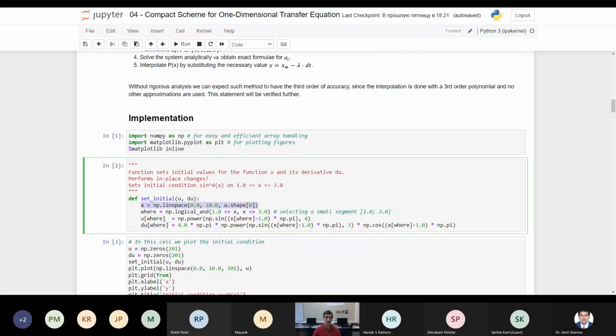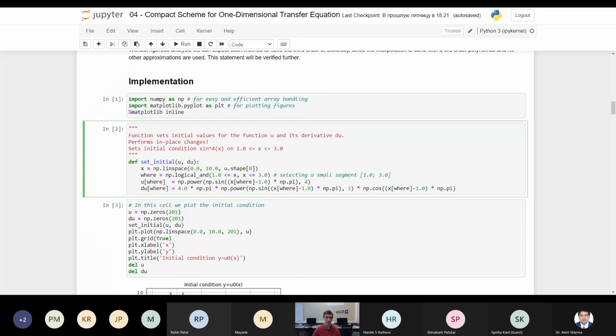Then we select a small line segment and generate the impulse in the form of sinus in the power of 4. And the derivative is the derivative of this function. So we have 4, we have the power of 3, sinus and cosinus.